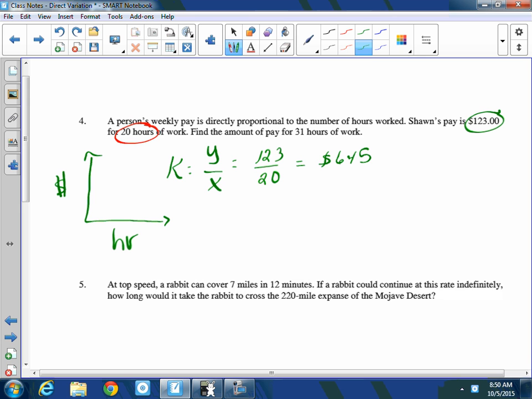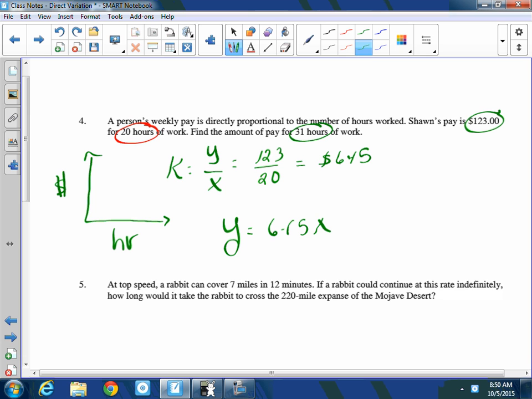All right, so what's my equation? There you go. Now I have my equation, which is one of the things I need to look for. And then it says find the amount of pay for 31 hours.